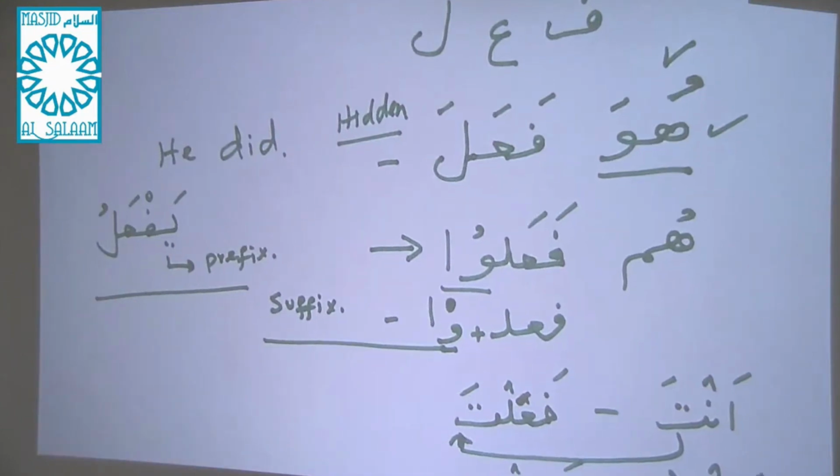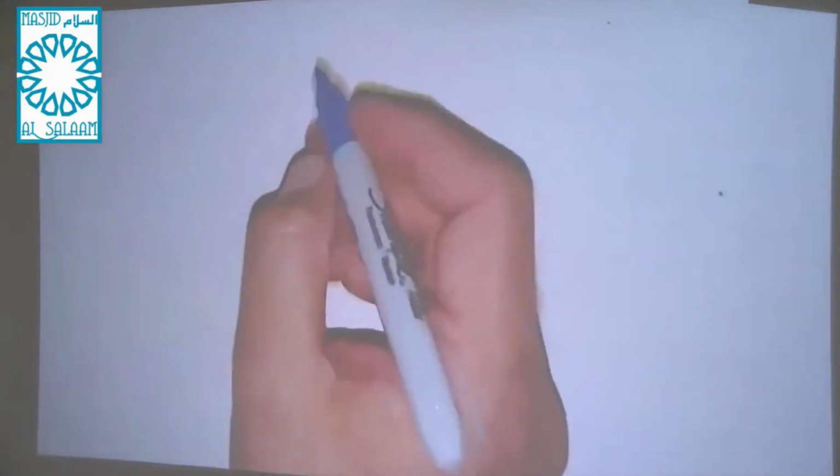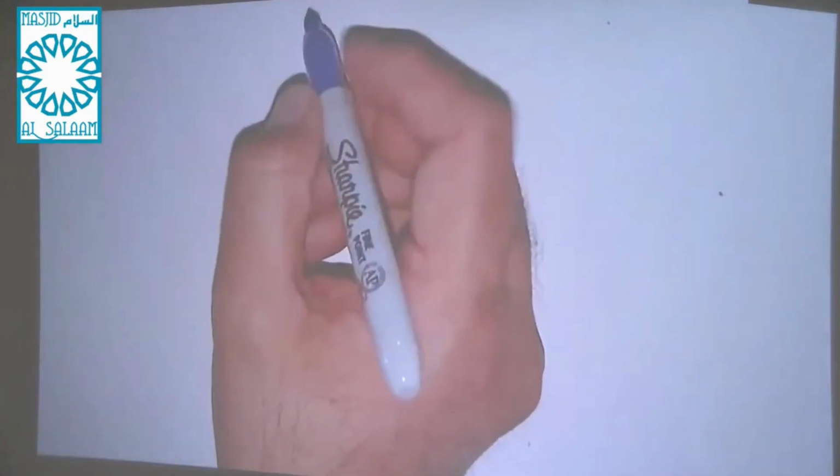Okay, so if I write it down here, I've shown you in the slides, but let me show you one more time. In the last slide you said yaf'al. That was mudare, for present and future tense.